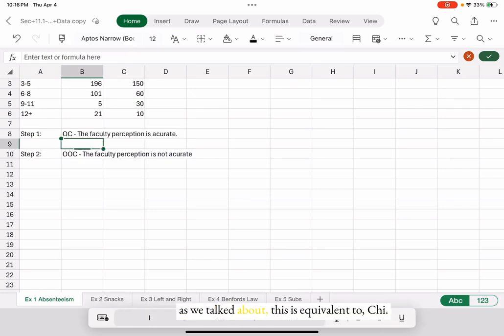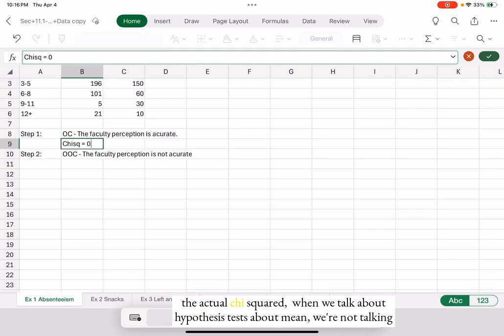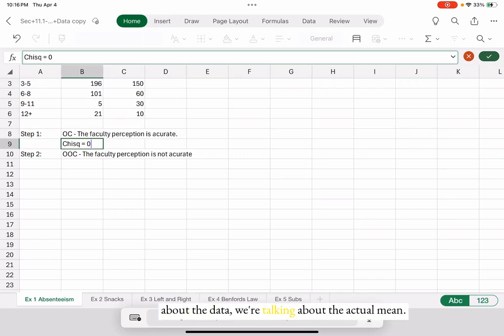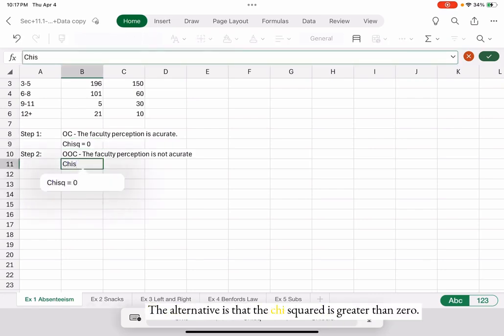All right. The opposite of the original claim is that the faculty perception is not accurate. As we talked about, this is equivalent to chi-squared equaling 0. When we talk about hypothesis tests about a mean, we're not talking about the data, we're talking about the actual mean. The actual chi-squared is going to be 0. That's our original claim. The alternative is that the chi-squared is greater than 0.